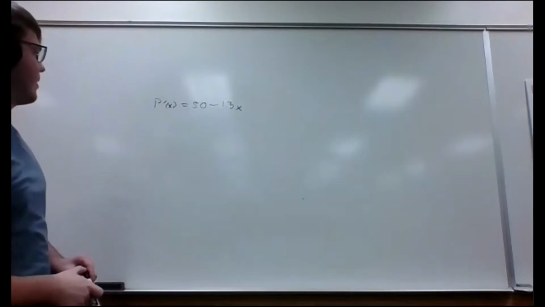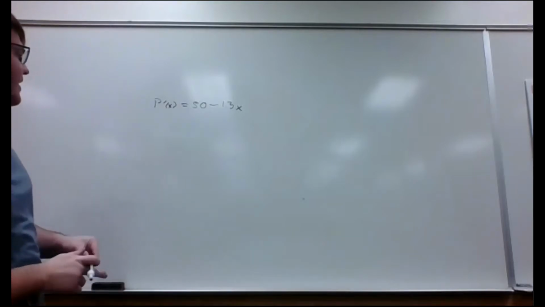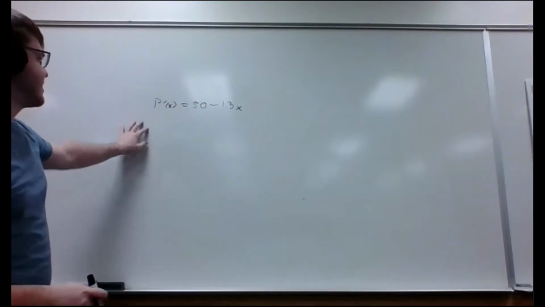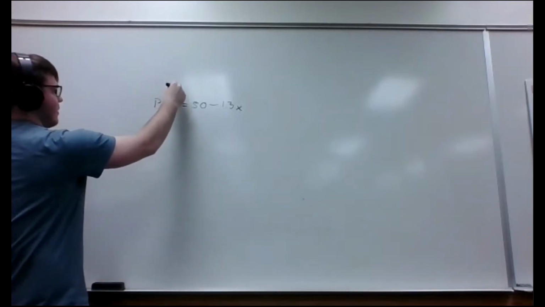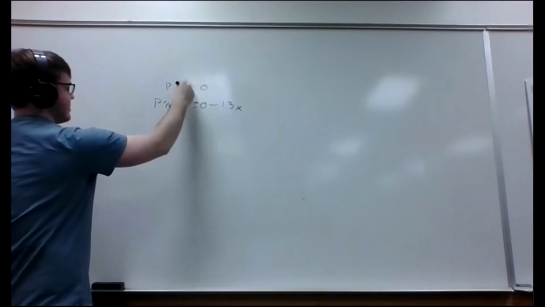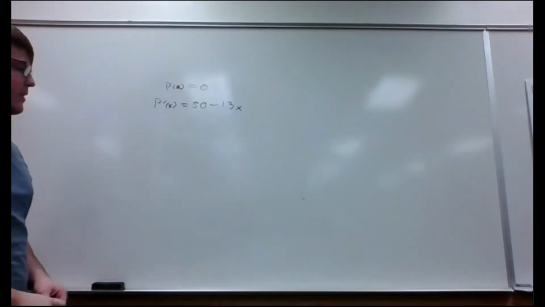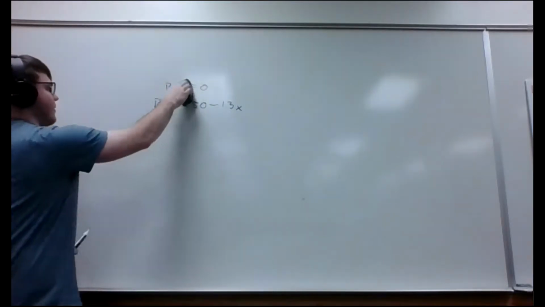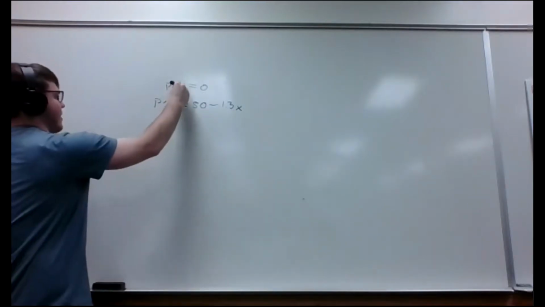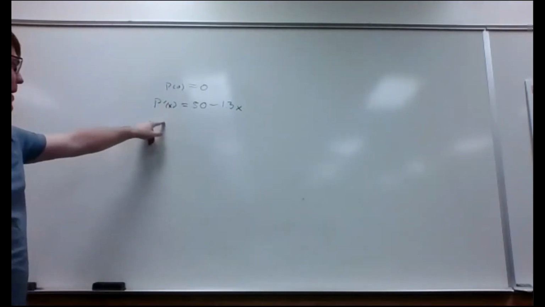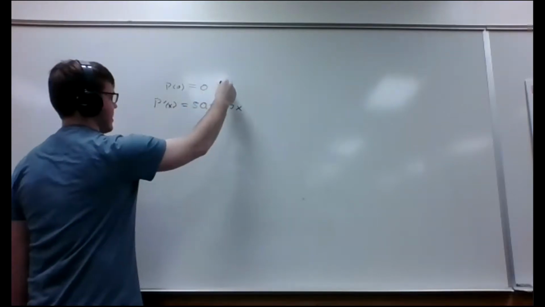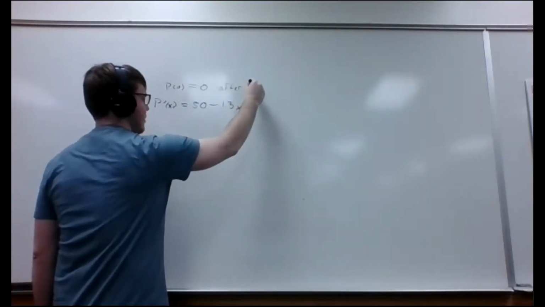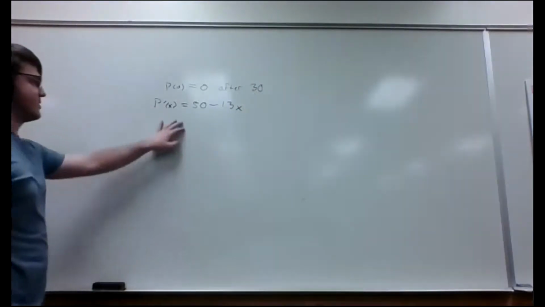And it wants to know how much it's going to cost. So if we say that at 0 units, before they make anything, the cost is 0, right? They haven't spent anything to make anything. So what would be the cost after the first 30 units, or after the first 30 things they produce?